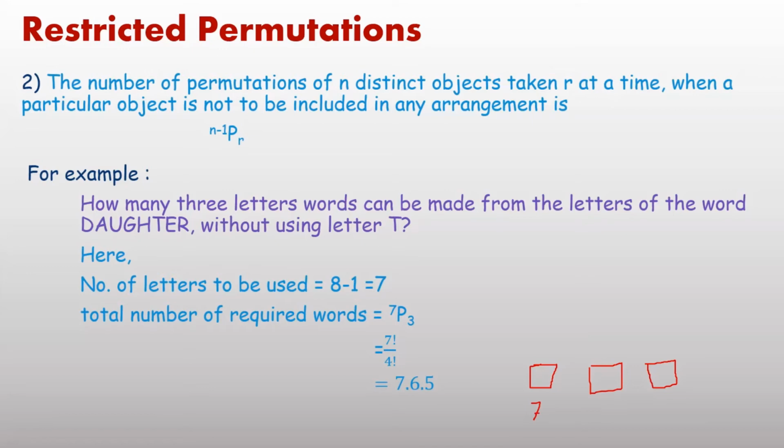Now the number of letters remaining is 6, so for the second place, any one of 6 letters. And for the third place, the remaining 5 letters. Multiply and you will get the result using the fundamental principle of counting. In this pattern also you can solve these questions. Then, 7 into 6 into 5 equals 210.